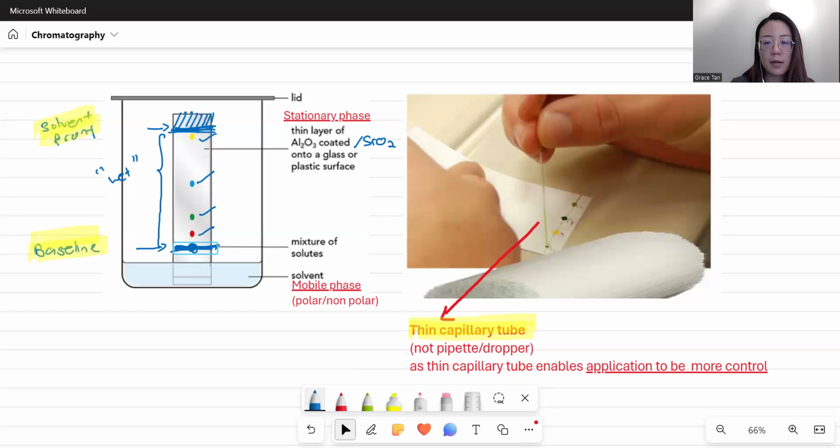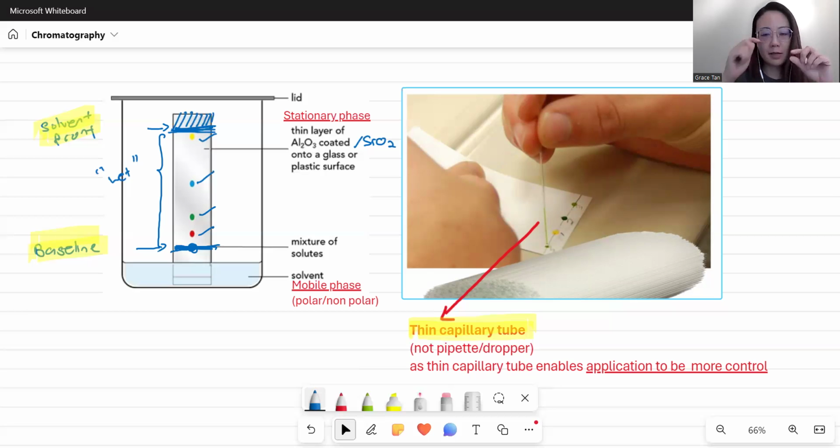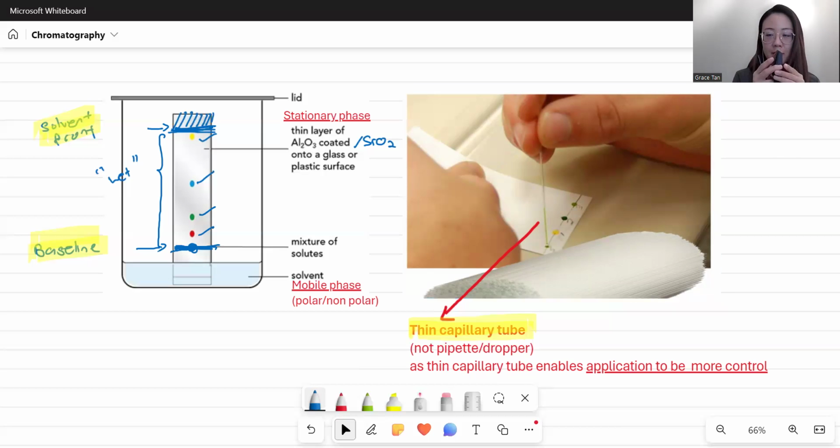All right. Can you see this picture here? This is basically like a very, very fine thin glass. We call this a thin capillary tube. It is made from a glass tube, which is bigger, and you pass it through fire. So for example, just imagine that this is a fire here, and this is the glass. I need you to heat the glass.